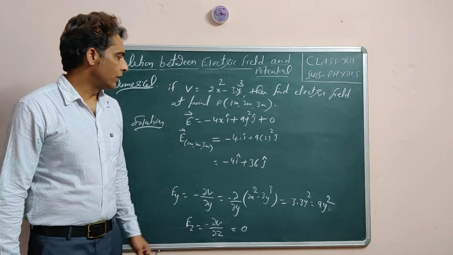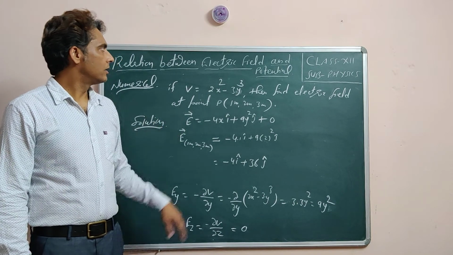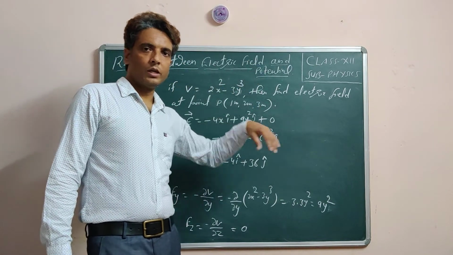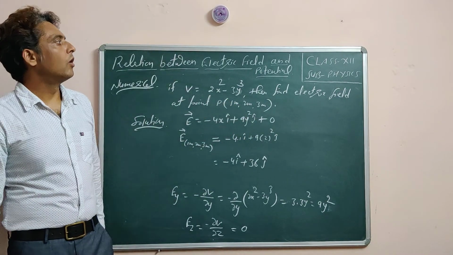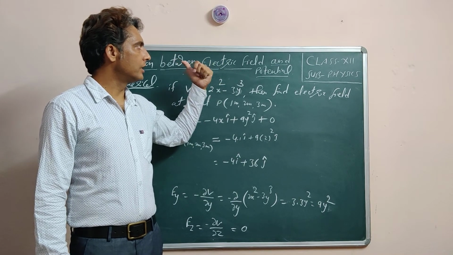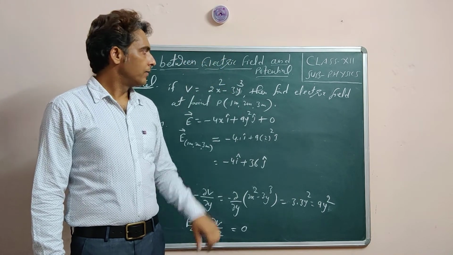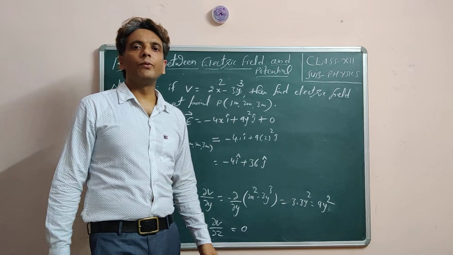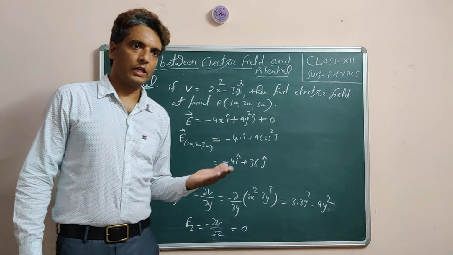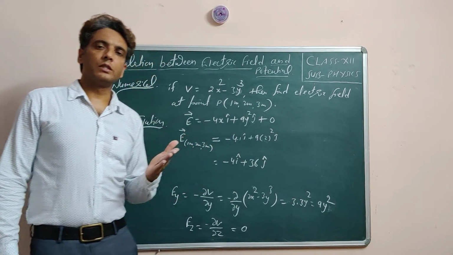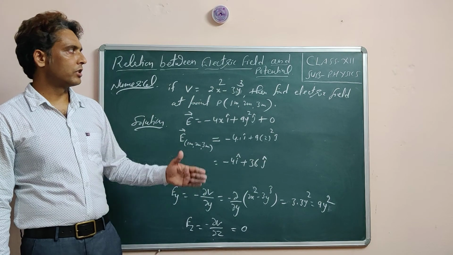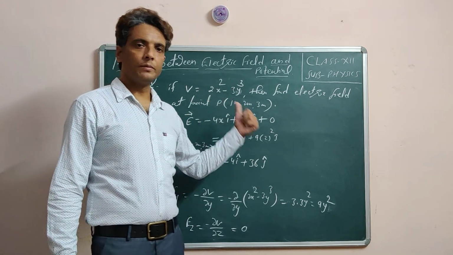So today we discussed the relation between electric field and potential, and also saw how to find potential in a certain region of electric field. We saw that the electric field is equivalent to the negative of potential gradient, that is, potential decreases in the direction of electric field, and potential gradient is also a vector quantity.